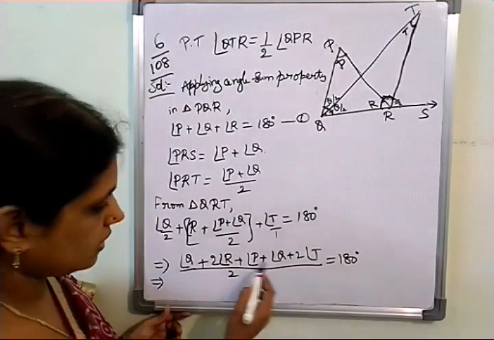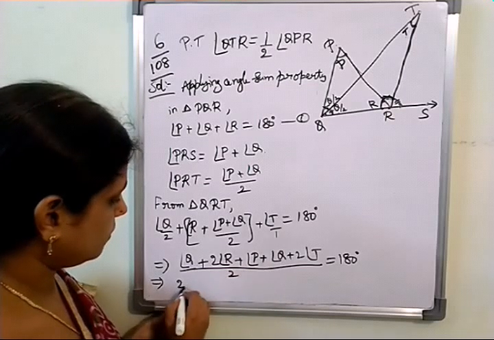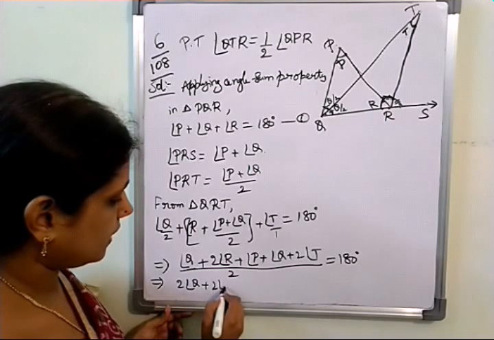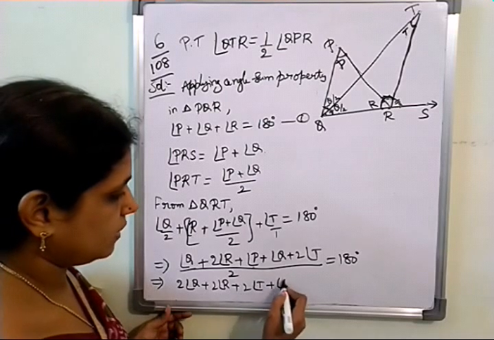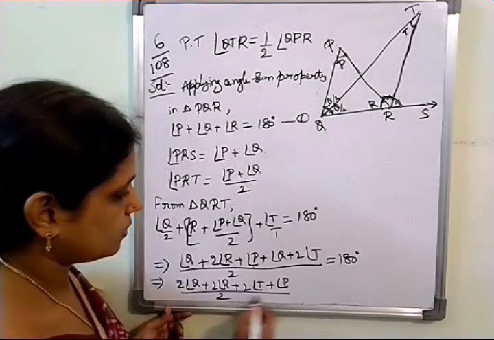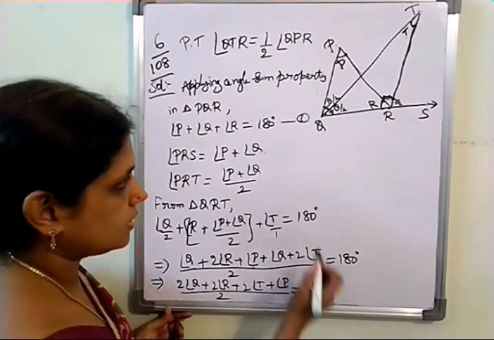So here, is anything common? Yes, 2 angle Q plus 2 angle R plus 2 angle T plus angle P by 2 equal to 180 degrees.